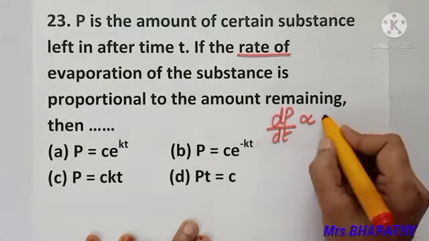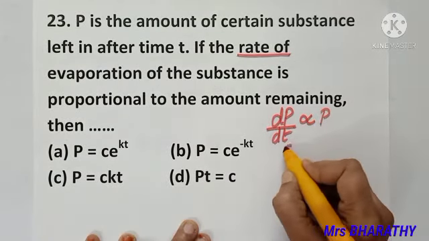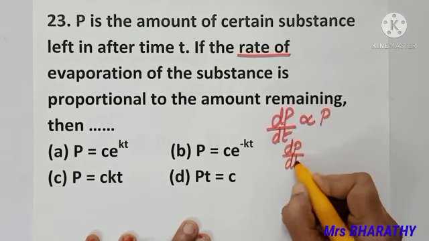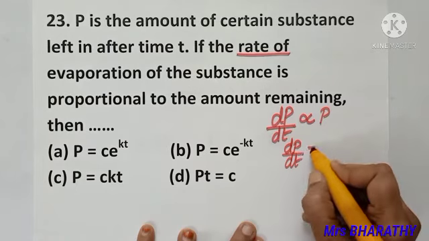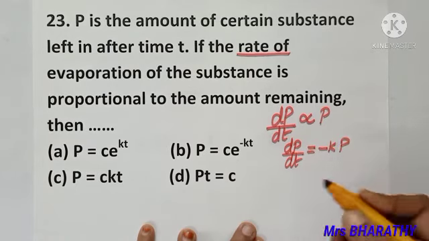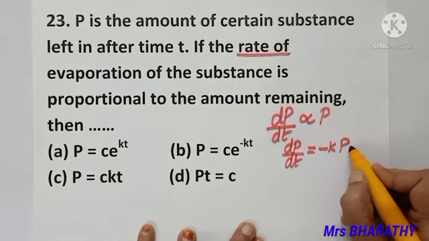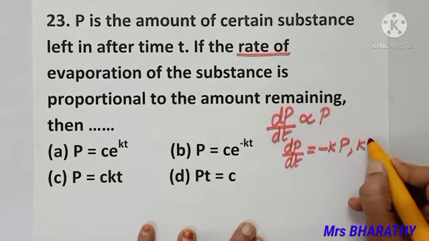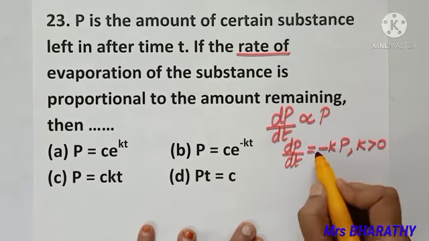P is the amount left. So that is P. Whenever we have proportionality, we can remove it using a constant. Because it is evaporation, I can say minus Kp. Because it is decreasing, I just put minus k, and I remember k is a positive constant.